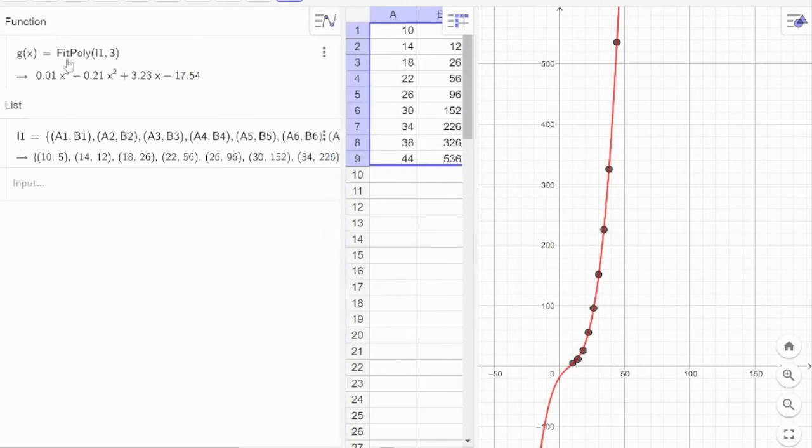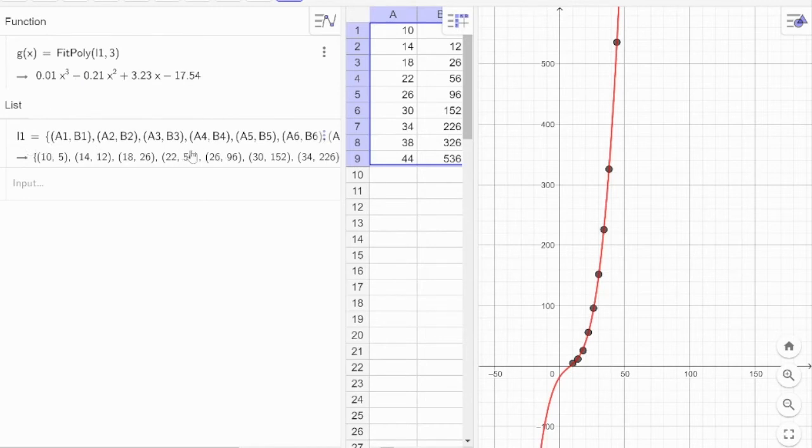So we see that g of x is the fit polynomial. So that's the polynomial that's made to fit here. It's 0.01x cubed minus 0.21x squared plus 3.23x minus 17.54. That's the cubic polynomial. We can view this through the algebra pane.